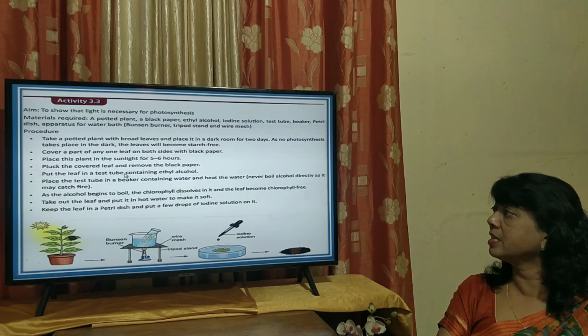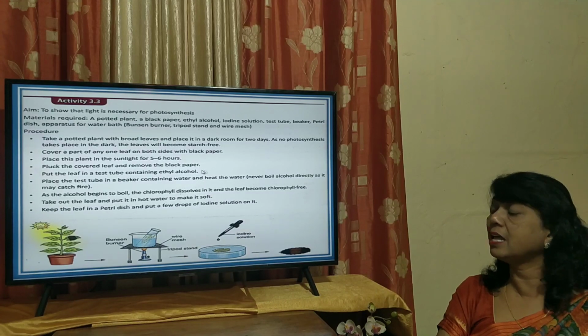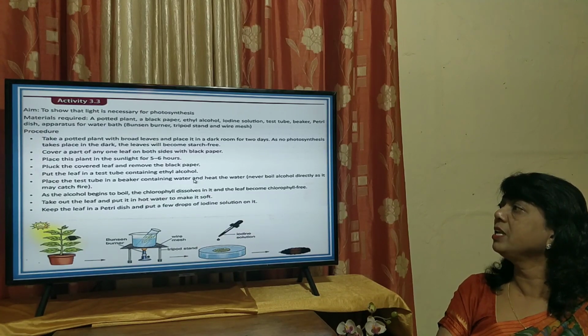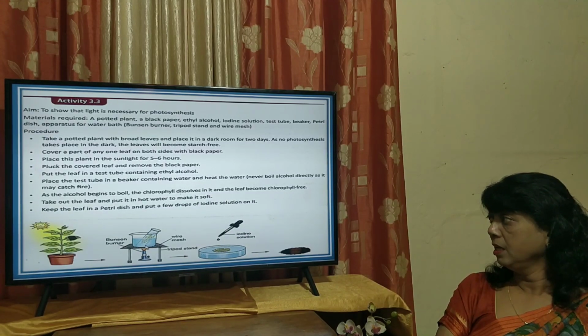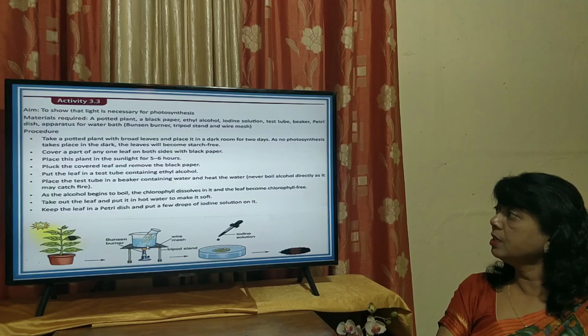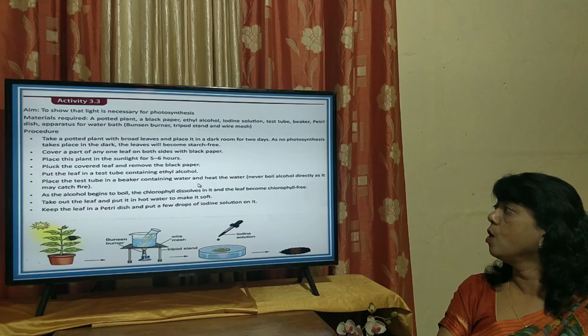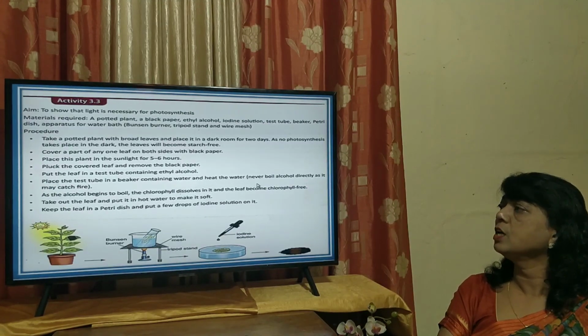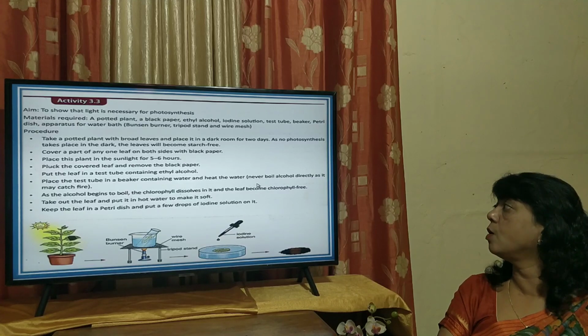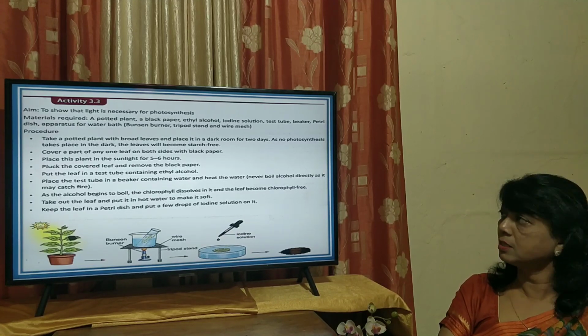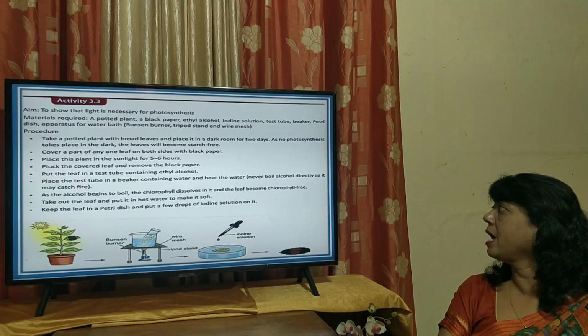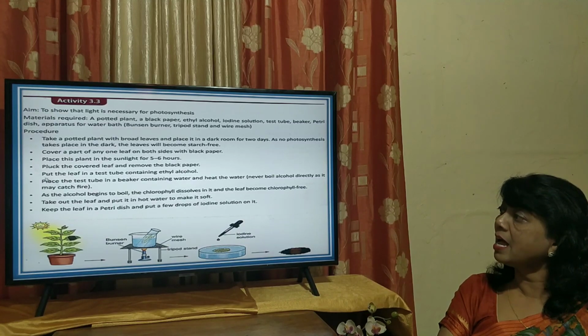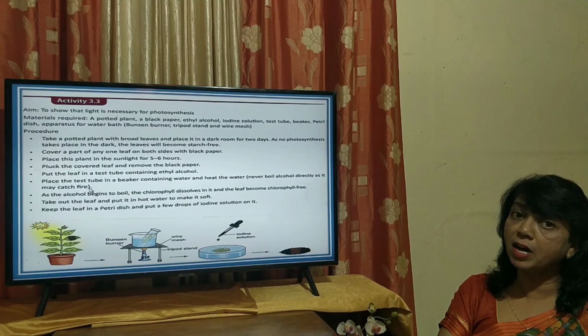Put the leaf in a test tube containing ethyl alcohol. We'll keep it in the ethyl alcohol solution and place the test tube in a beaker containing water and heat the water. That is, we will give it a water bath. We will never boil alcohol directly as it may catch fire.